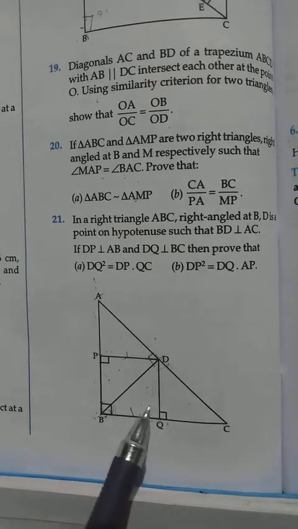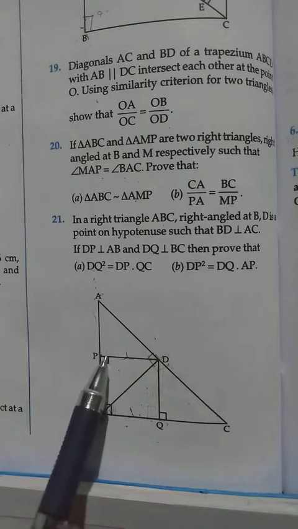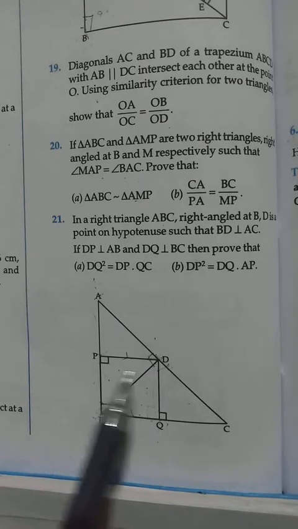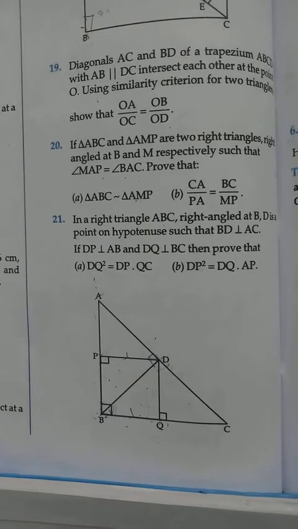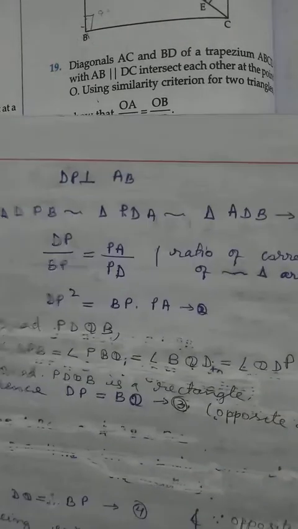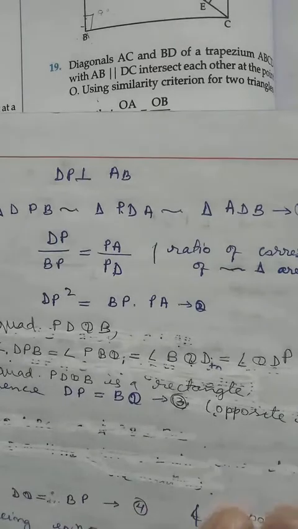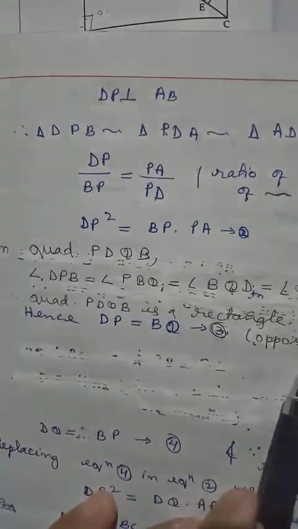So like I already told you, because each angle is 90 degrees, this one is a rectangle. So if it is a rectangle, the opposite sides are equal. So we can write it that way, okay? Because each angle is 90 degrees, so rectangle, we know opposite sides are equal.